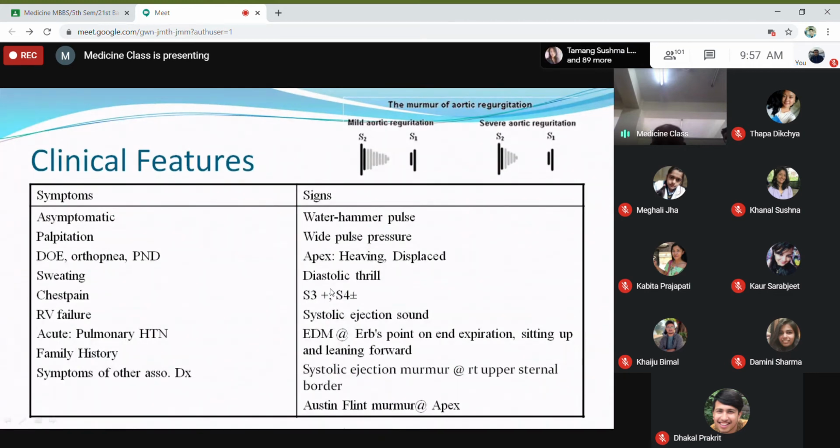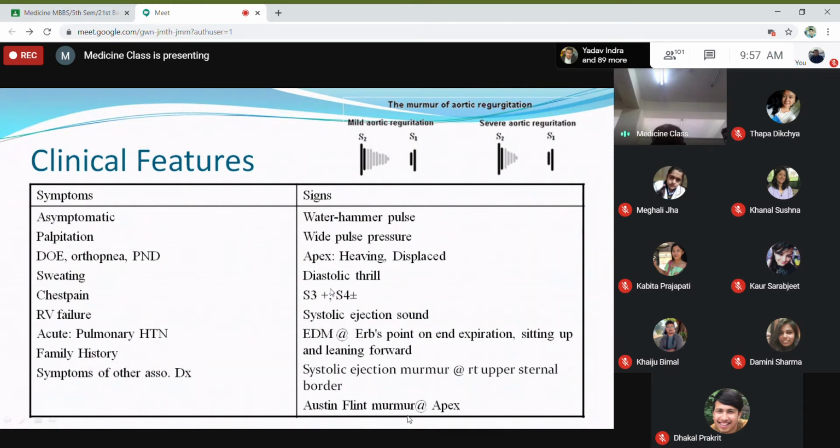And this Austin Flint murmur is a diastolic murmur. It is best heard at the apex, and this is because of the returning blood of the regurgitant flow of the aortic valve hitting the mitral valve. Because of this, there will be a diastolic murmur at the apex, which we call the Austin Flint murmur.